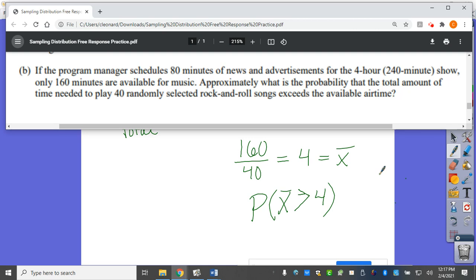So what is defining mu? This part should not be hard. Remember, we've already written out our population in detail, so defining our mu should not be difficult. The mean length of the rock and roll songs.